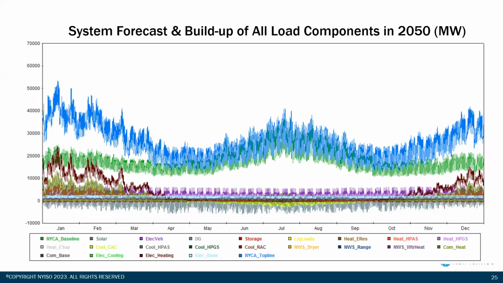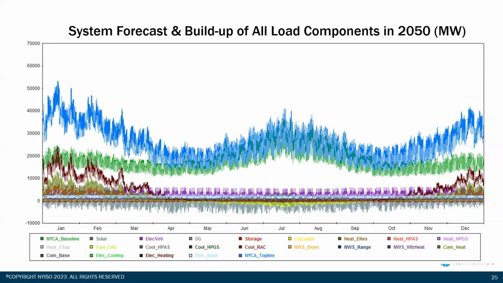And this is the final result. The two lines that should be of interest are the green line, which is the base load, similar to the patterns that we have today. The blue is the impact of all the electrification, all the large loads, all the energy efficiency.